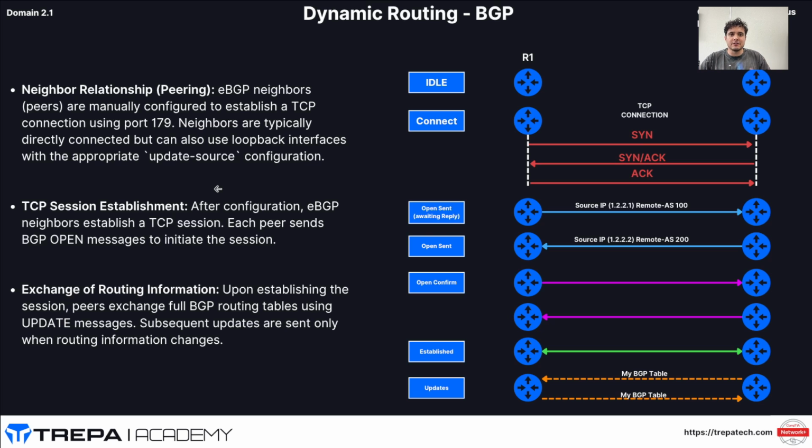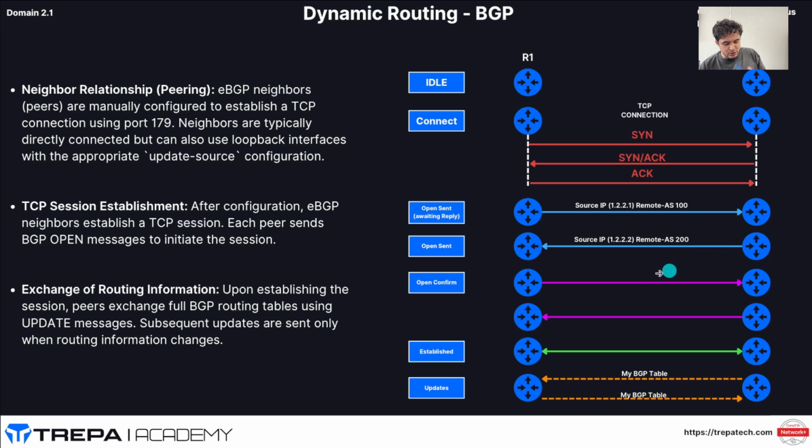So you can kind of see the flow here. When we enable BGP on a router, it goes into an idle state. And then when we set a neighbor, right, we say connect. So that connect state is going to be the TCP connection, three-way handshake. Once we establish that TCP connection, so now we have IP reachability and we have an established session between the two routers that want to become BGP neighbors, we go into an open sent state where we're actually going to send, hey, let's become BGP neighbors.